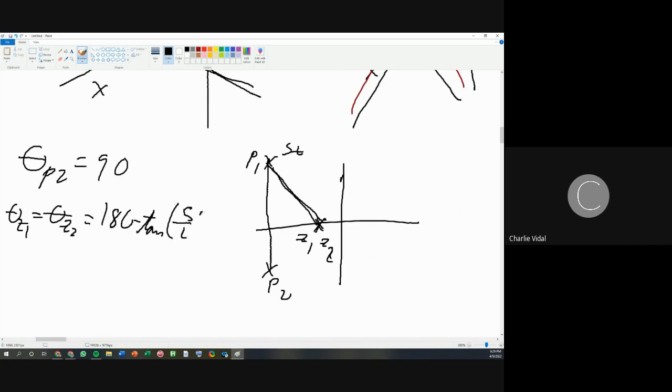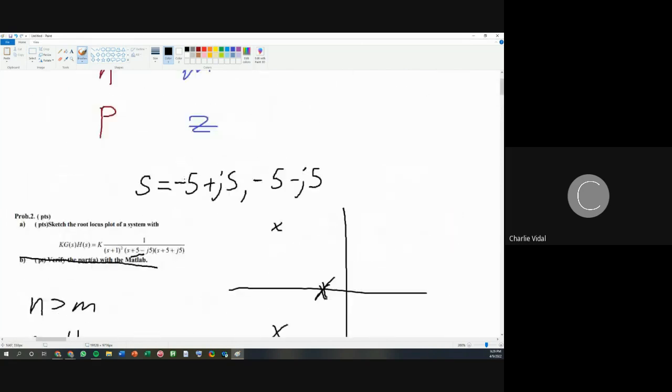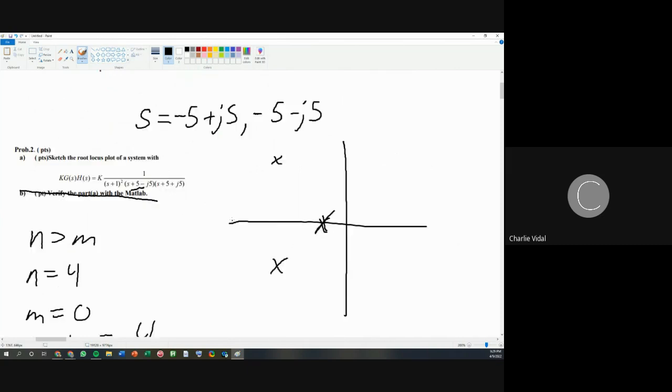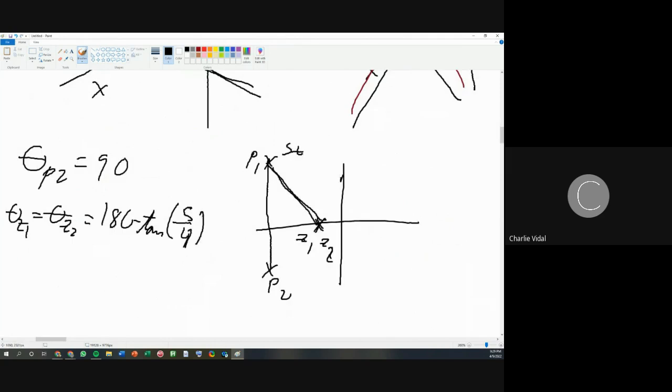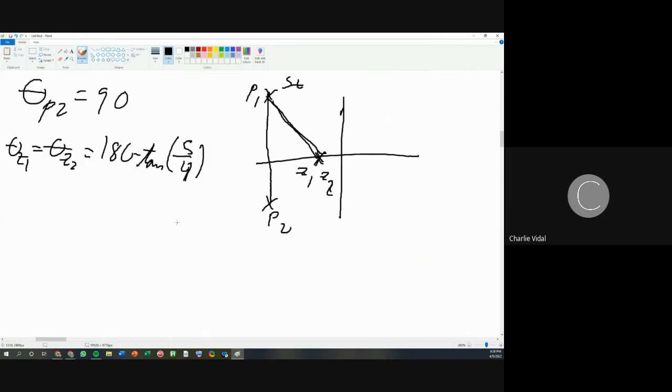Let me just make sure that I'm doing the right one. This goes 5 up, and it's 4 because this is at -1. Yep. Okay. So that's what that is. It's an obtuse angle, so you do the 180 degrees, and that gives you a value of 51. Theta Z1 is equal to 51 degrees.